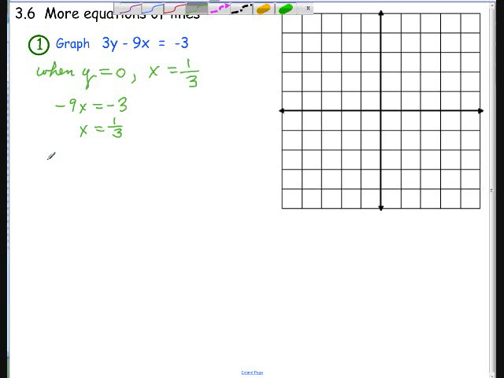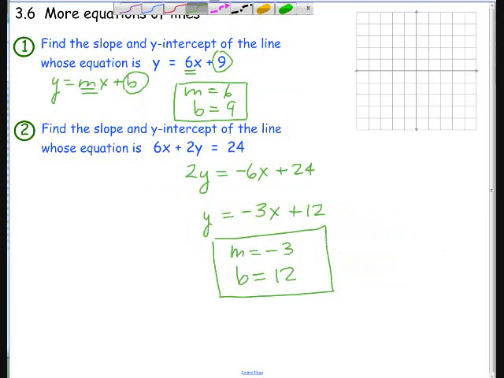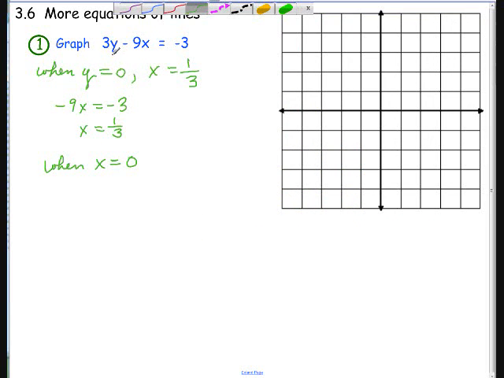All right, let's try when x equals 0. When it's in standard form, well, this isn't exactly standard form. What's different from standard form? You always lead off with the x in standard form. This one is leading off with the y.